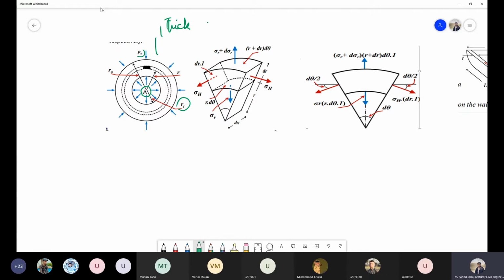Now let's assume that we take a differential element, which is shown in this black shaded region, and this differential element is located at a distance of radius r with respect to the center of this cylindrical element. Now if I show the magnified image of this differential element, it will be something like this one.